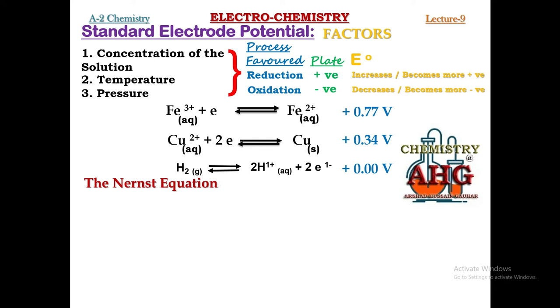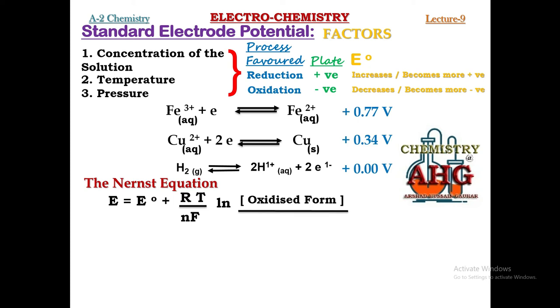You must remember this Nernst equation. It is E is equal to E naught plus RT over NF log natural of concentration of oxidized form divided by concentration of reduced form. So what is the description of each and every term involved in this Nernst equation?